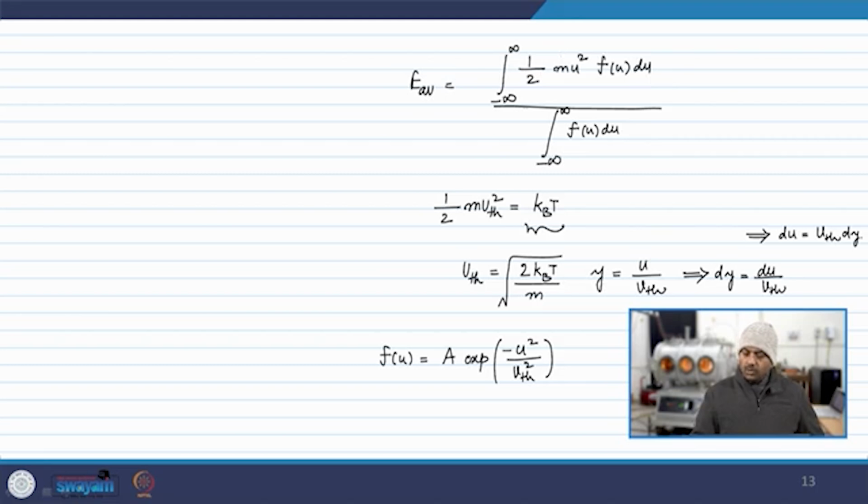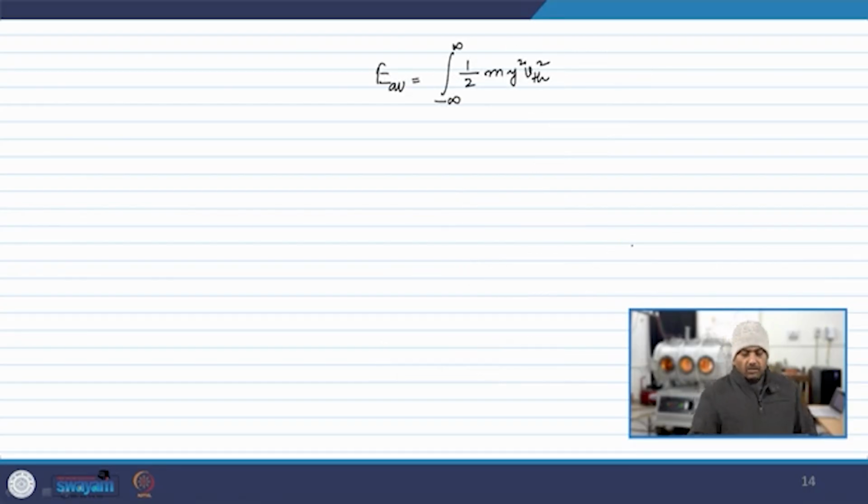Because u is equal to y times Vth, right? From this, making an appropriate substitution, m y square Vth square a exponential of minus y square Vth dy.